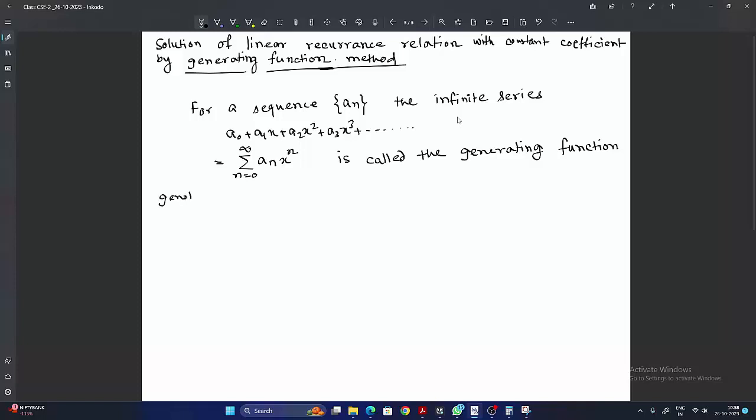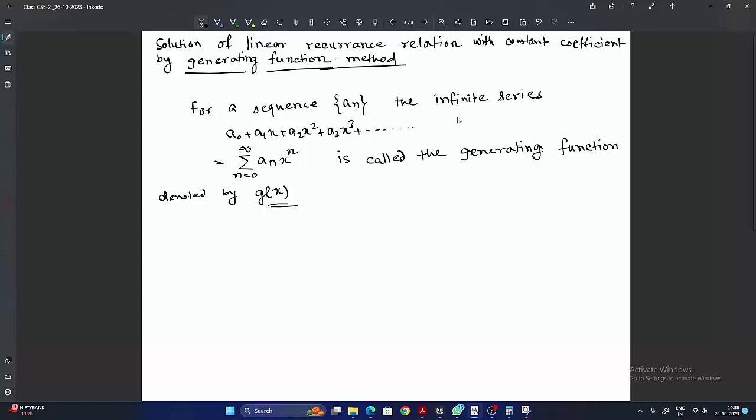So if g of x is given, you can build the sequence. If the sequence is given, you can build the generating function.